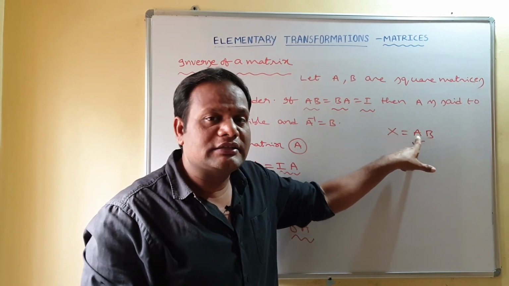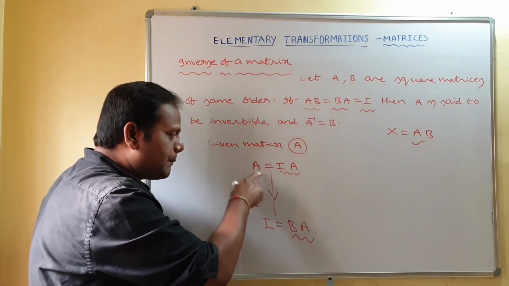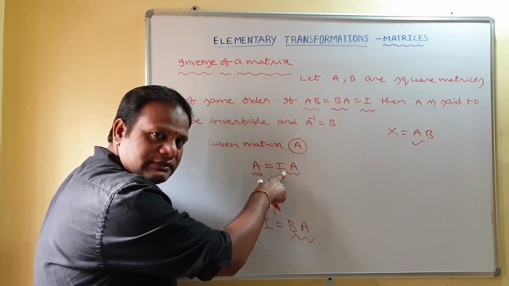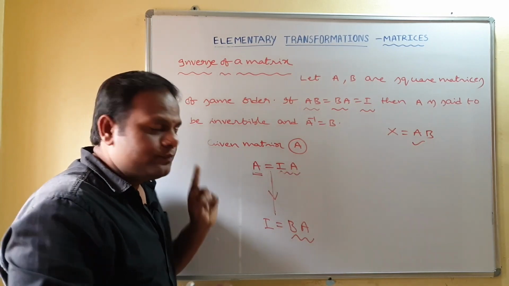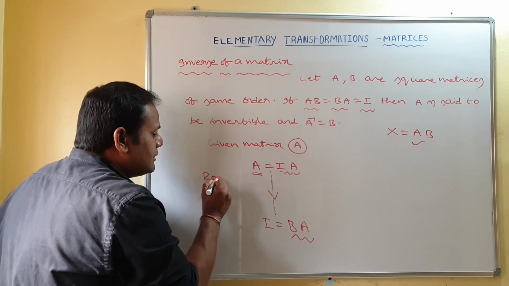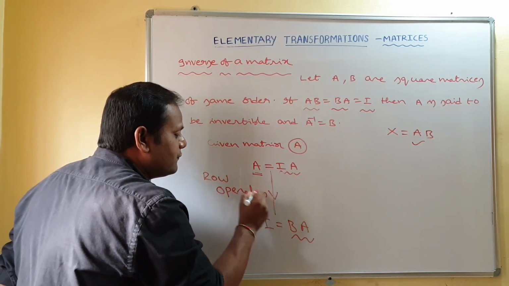That is the first matrix. So you should apply the same operation that you apply on the left side on the identity matrix. So if you take A equal to I into A, to get this form, you should apply elementary row transformations. Don't confuse.